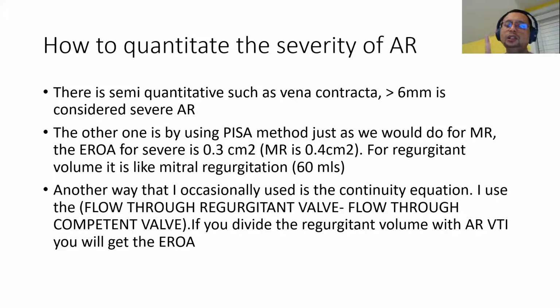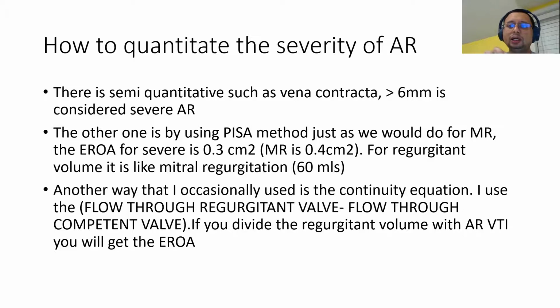There is one continuity equation that you use, for example, in aortic stenosis: the flow into the LVOT is the same as the flow across the aortic valve. However, in aortic regurgitation, we cannot use that same valve to do the continuity equation. So we have to use the continuity equation based on two valves. Whatever is coming out from the aortic regurgitation, compare it to what is coming out from the other valve.